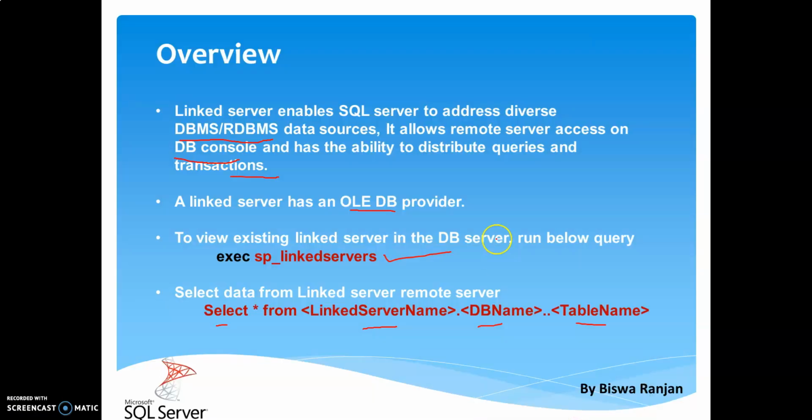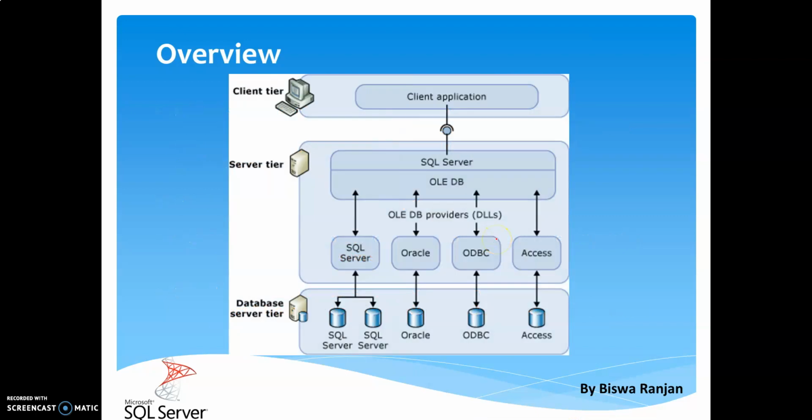Okay guys, next let's see the diagram of linked server. This is the basic diagram of linked server. Let's say we are working on one client application and this client application is connected to only one database, SQL Server, but in future we are going to add different data sources like this one, Access.